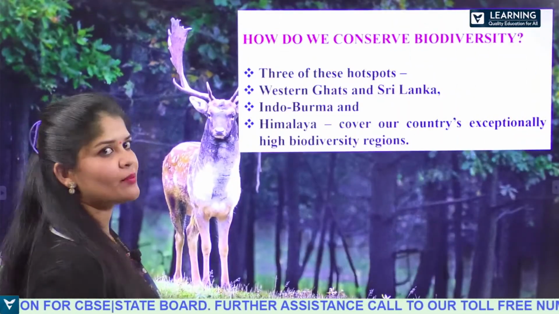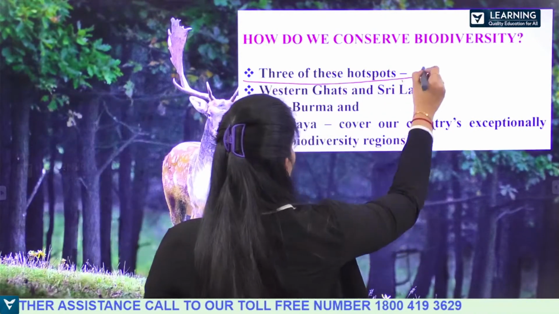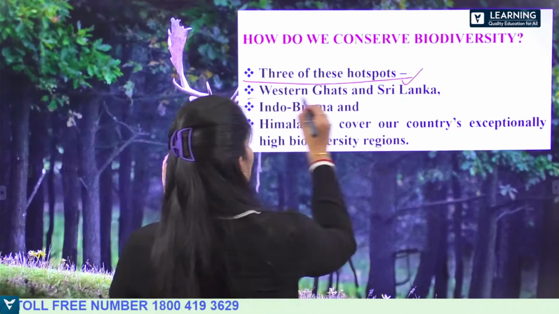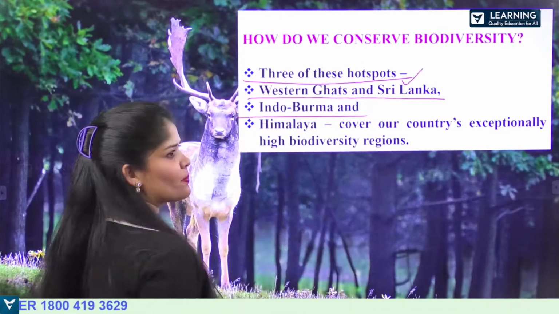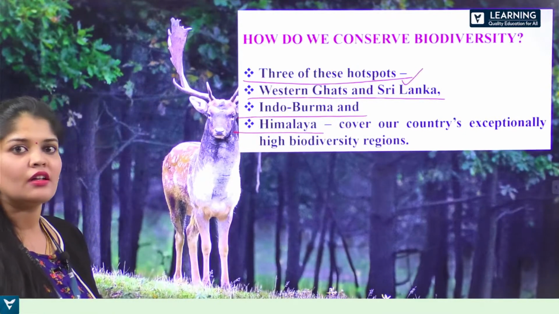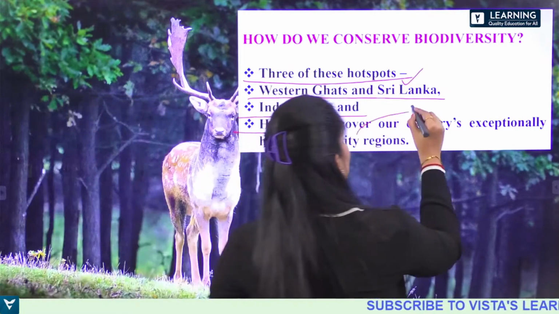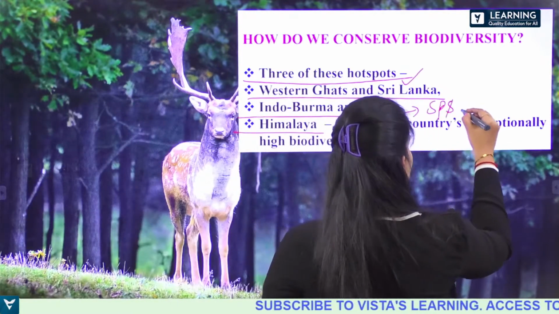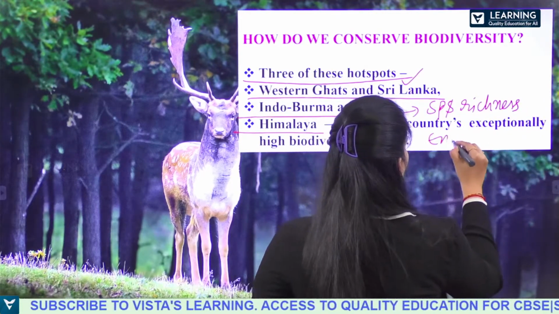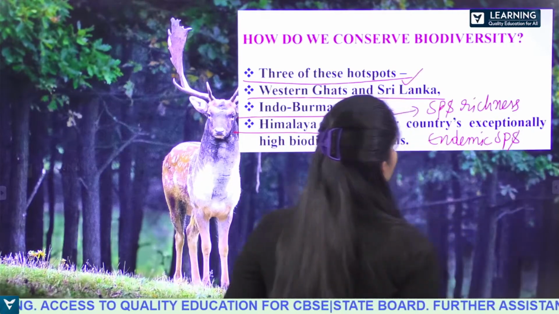Now, the total number is 34. Three of these hotspots that we find, Western Ghats and Sri Lanka, Indo-Burma, and Himalaya, cover our countries, where there is the highest availability of species richness and endemic species availability.